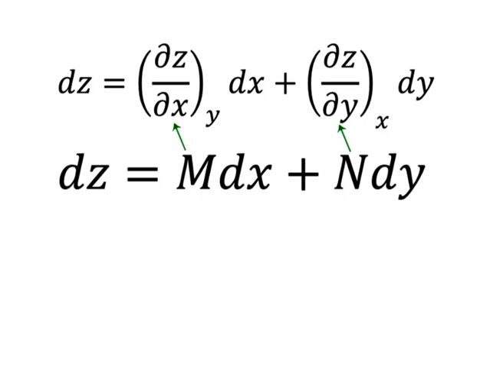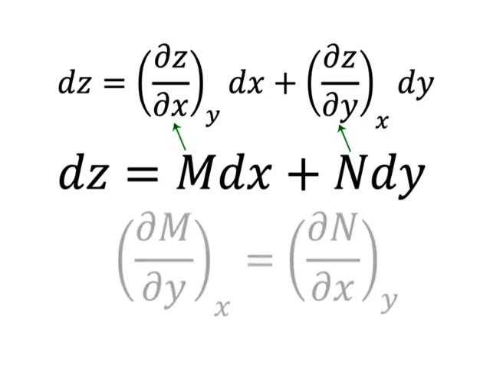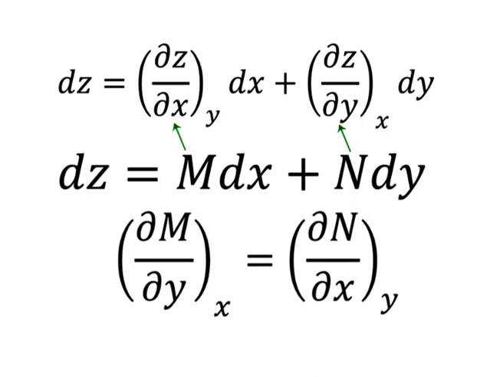If the coefficients M and N have continuous first partial derivatives, the order in which a second partial derivative of the function z is taken is immaterial. That is, the partial derivative of M with respect to y, with x constant, is equal to the partial derivative of N with respect to x, keeping y constant.